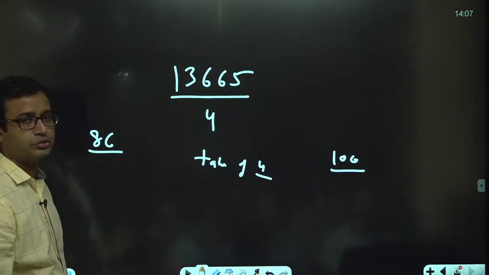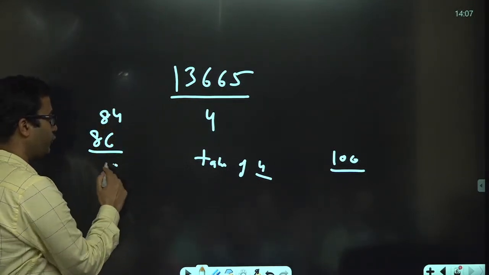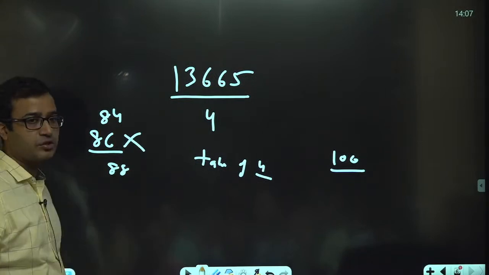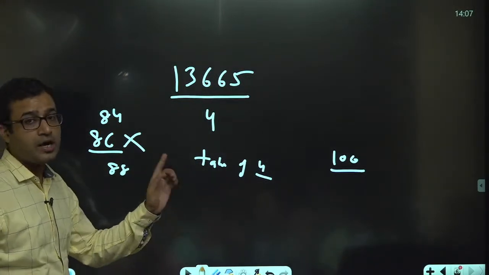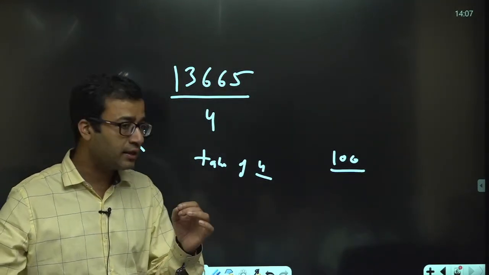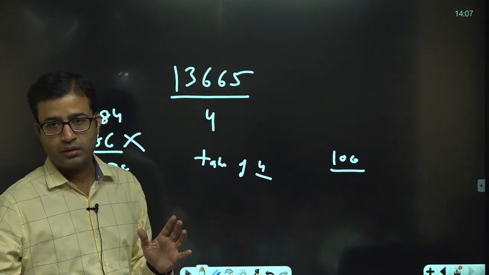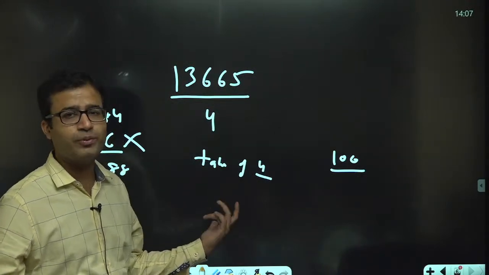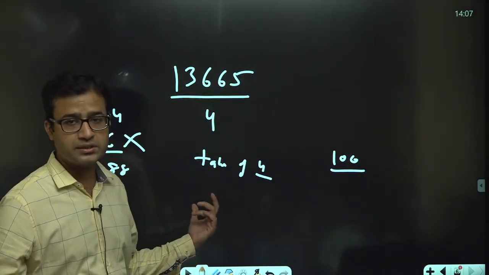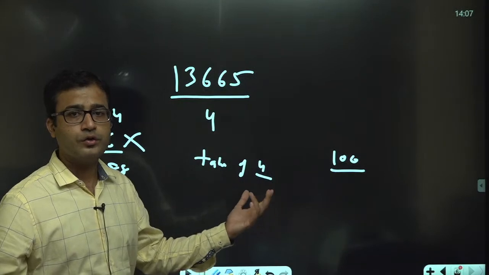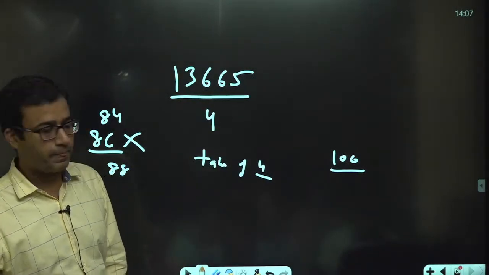You should know that 84 and 88 are multiples of 4, but 86 is not, because I use multiples of 4 in the calendar topic and unit digit topic, and I have seen students make mistakes here. This is very basic. If you mug up this table of 4, you can understand the higher concepts easily.